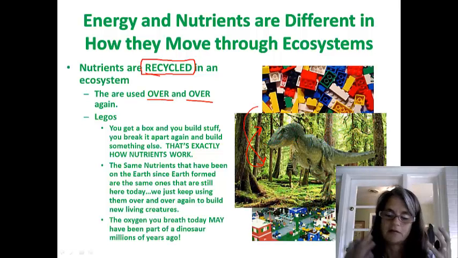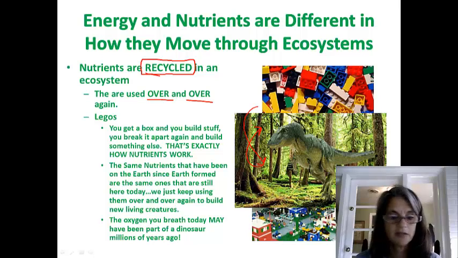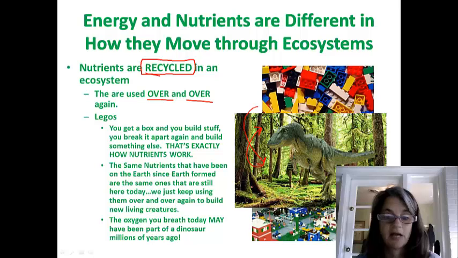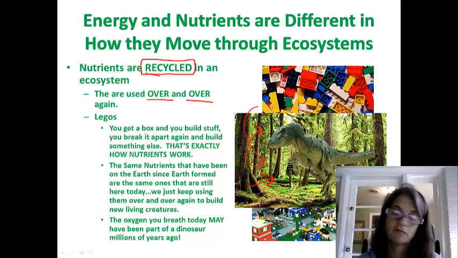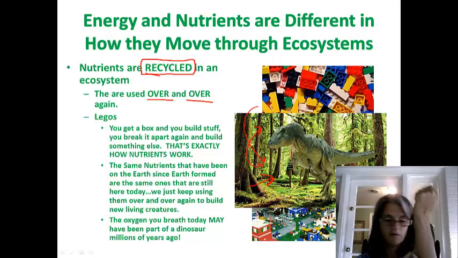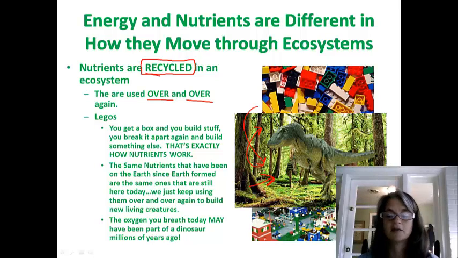So it is very true to say the oxygen that you may breathe today may have been part of a dinosaur millions of years ago. The carbon that is in your very flesh today could have been in a dinosaur or some other creature millions of years ago. These molecules have been used over and over and over again.